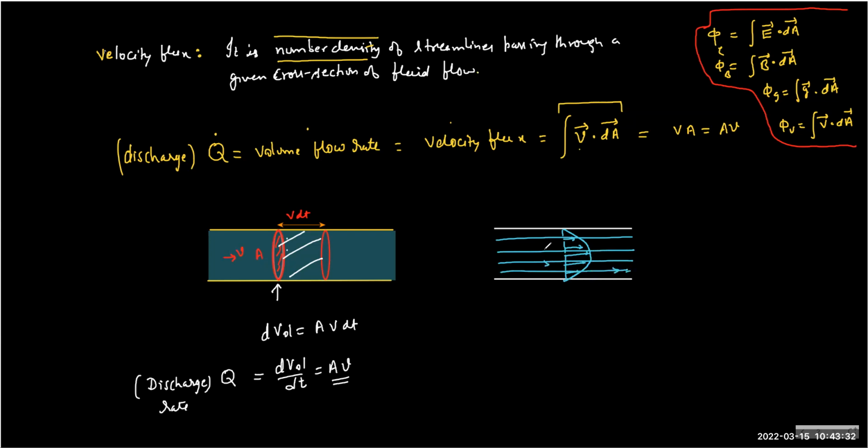So when velocity becomes variable, in such a case the flux, let's call Q the velocity flux, we define as the integral of V dot dA, and generally this will become V into 2 pi r dr. This is how we take the cross section if it is circular.